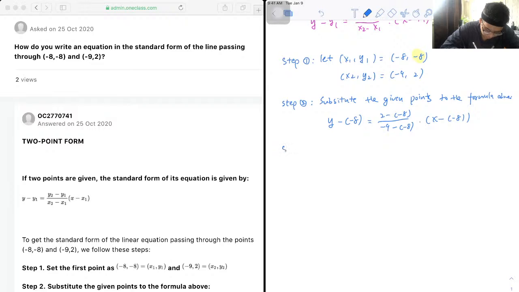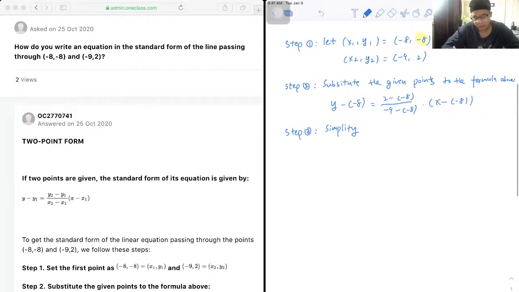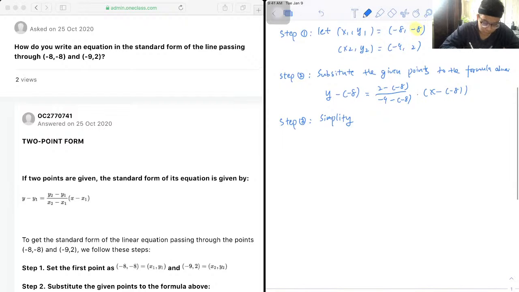For step 3, we need to simplify. So y minus -8 just becomes y plus 8, and 2 minus -8 is just 2 plus 8, and -9 minus -8 is just -9 plus 8, times x plus 8, same thing, since minus -8 just means plus 8.